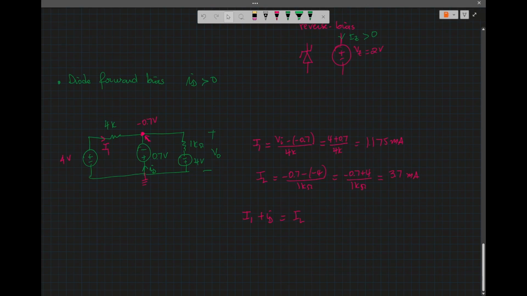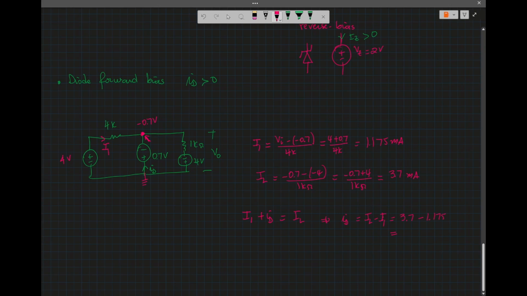If ID is positive, then our assumption that the diode is forward bias is true. So ID, which is IL minus I1, is 3.7 minus 1.175.